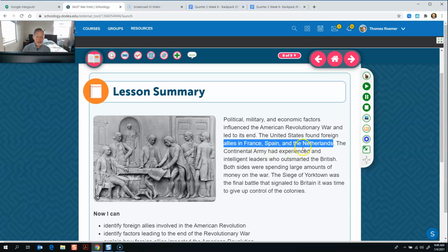Spain provided supplies, and the Netherlands provided money, I think in the form of loans. We had the Continental Army, experienced, intelligent leaders who outsmarted the British. We've got some strategy going on there. Both sides spent lots of money on the war. And then the Siege of Yorktown was the final battle that signaled to Britain, hey, it's time to give up. We got you.